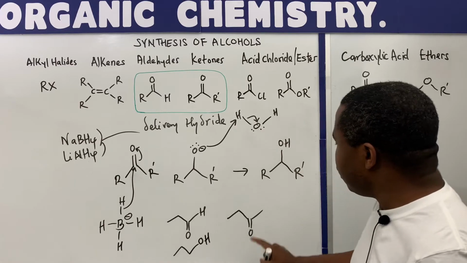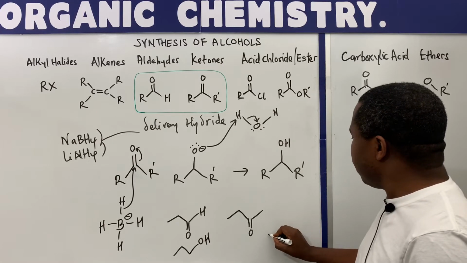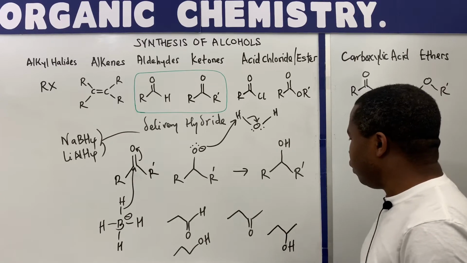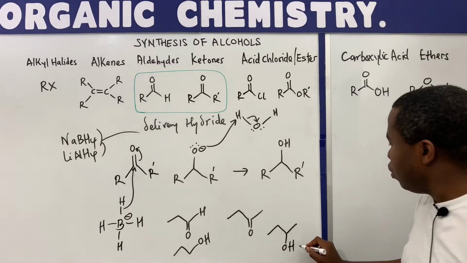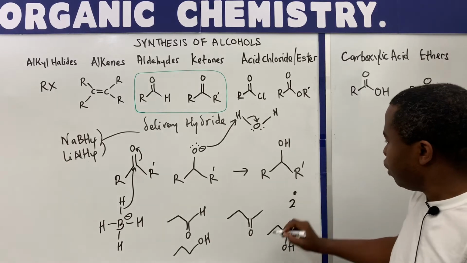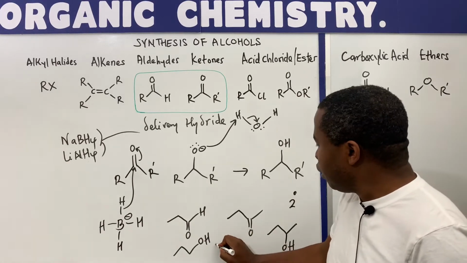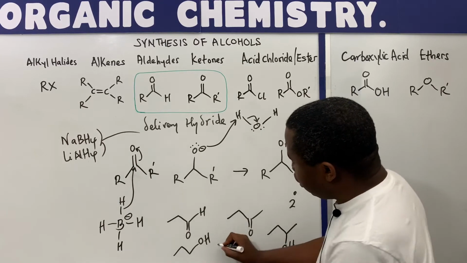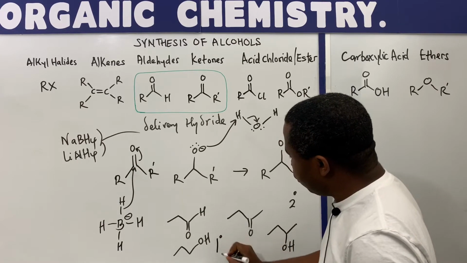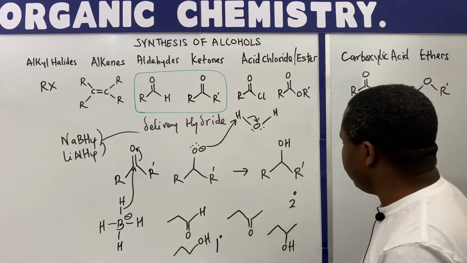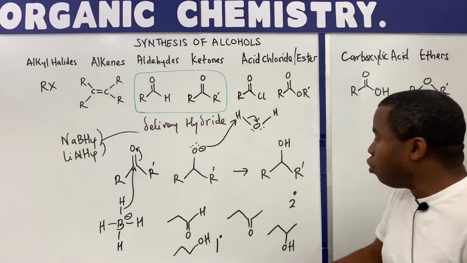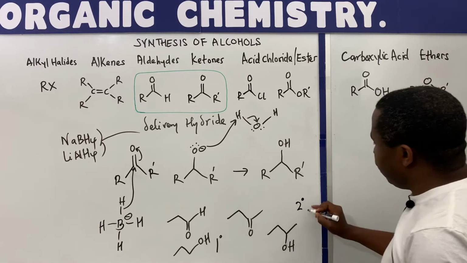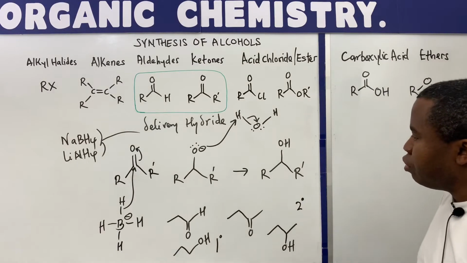But if we reduce this one, we're going to form a secondary alcohol. And we all know what a secondary alcohol and a primary alcohol is by now. So the number one with a degree symbol here is used to denote a primary alcohol, and the number two with a degree here is used to denote a secondary alcohol.